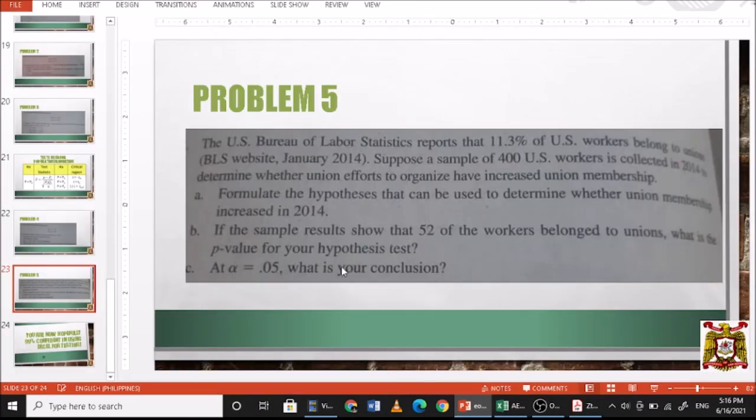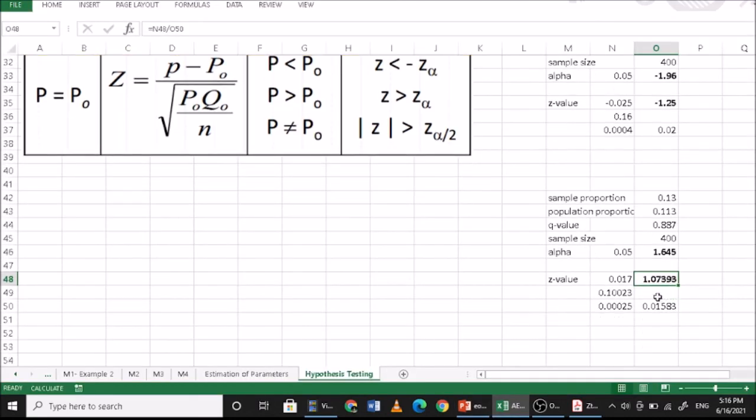Since the formulated hypothesis is used to determine whether union membership increased in 2014, increased means it's greater than the population proportion. But since our results show that it's not, we do not reject the null hypothesis.